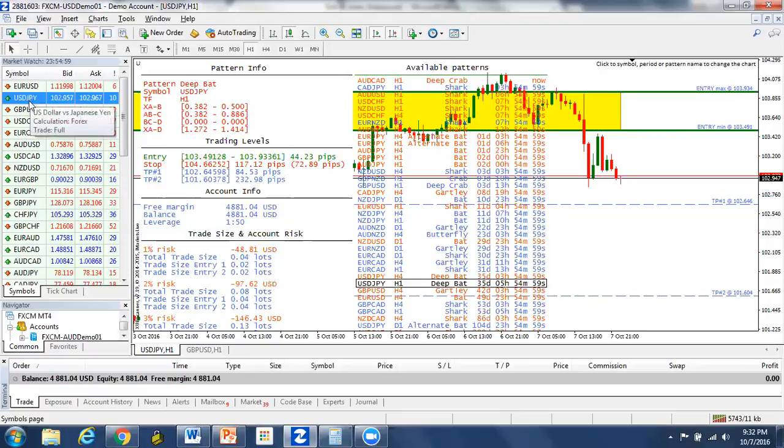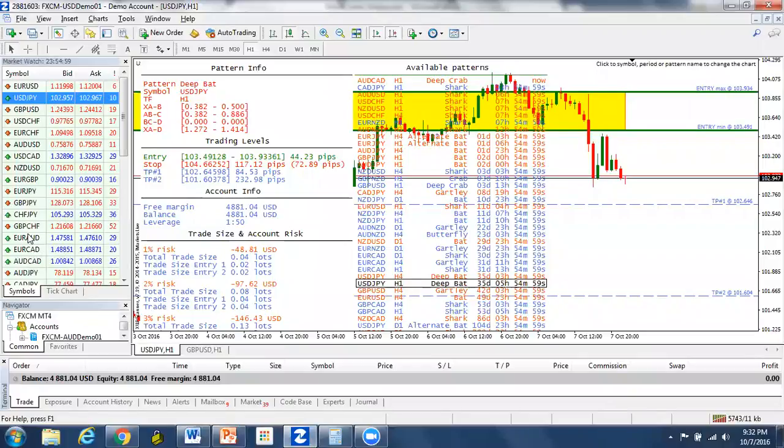You have the Japanese yen, JPY. The British pound. You have the Swiss franc, that's CHF. You have the Australian dollar, that's AUD. You have the Canadian dollar, CAD. You have the NZD, that's the New Zealand dollar. Okay, and pretty much that's it. There are other things that people trade, but these are the most widely traded currencies. They move the most often. Okay, that means they're the most volatile and liquid, and you can make the most money with them.